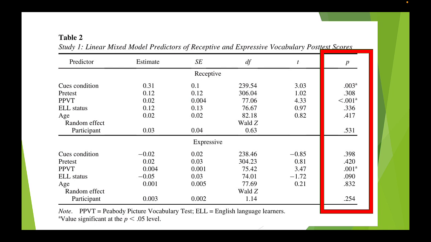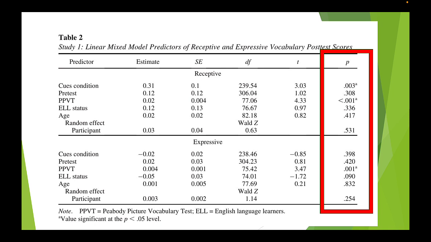And what's presented here indicates that for the same independent variable, the actual test itself, one of the variables had a significant impact, but only in the receptive category up top was there a statistically significant difference in the cues condition.